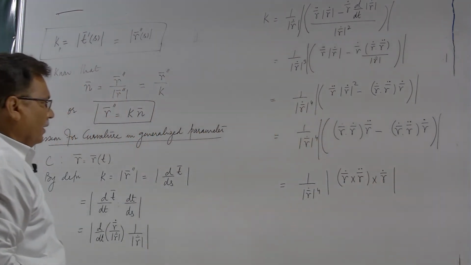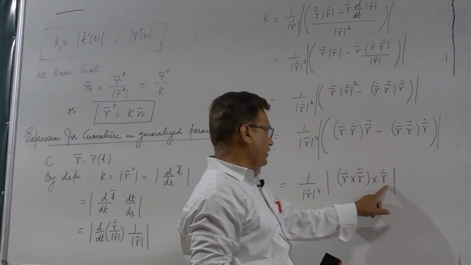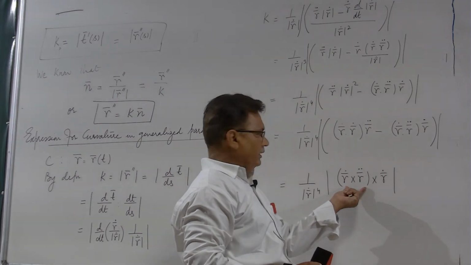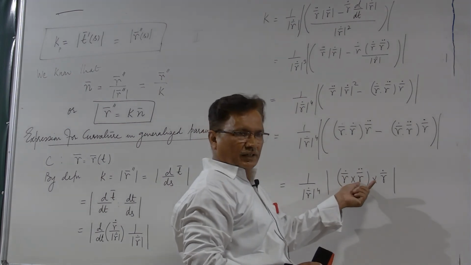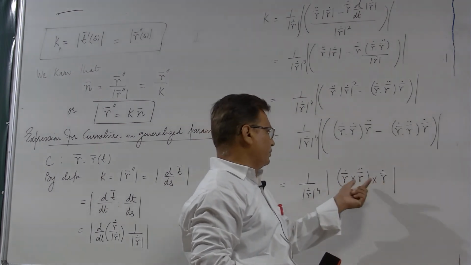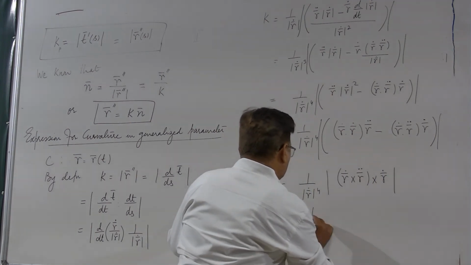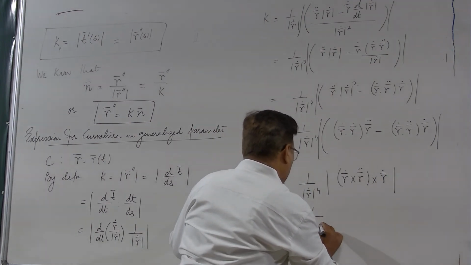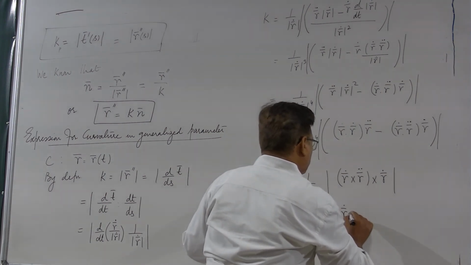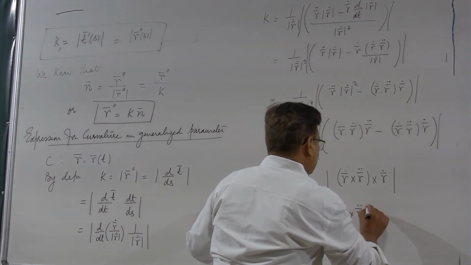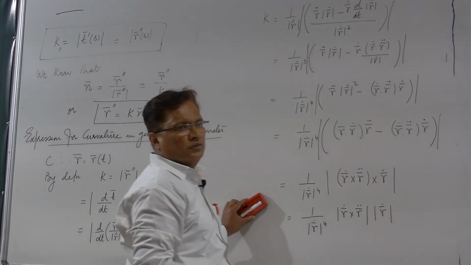Now, apply the formula of the cross product and keep in mind that r dot cross r double dot is perpendicular to r dot as well as r double dot, and therefore r dot is perpendicular to it. So, the angle between them is pi by 2. So, 1 upon mod r dot to the power 4 and this becomes modulus of r dot cross r double dot into modulus of r dot into sin pi by 2, which is 1.